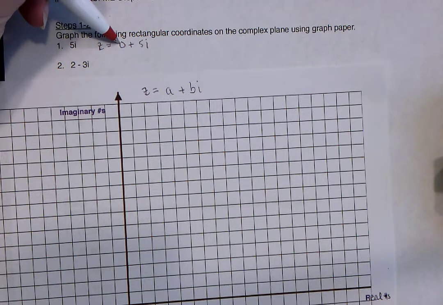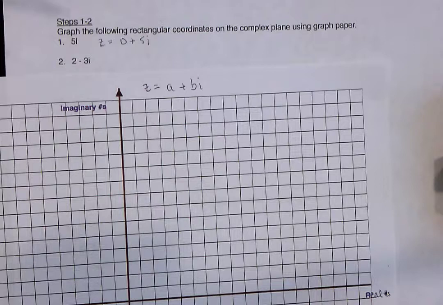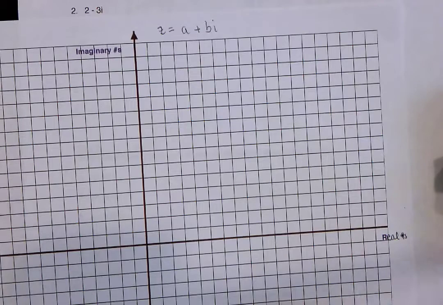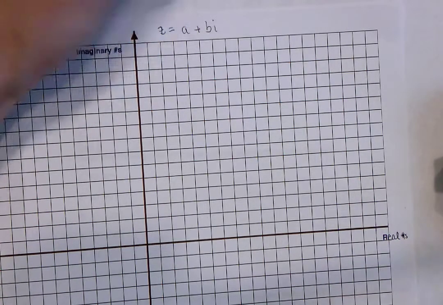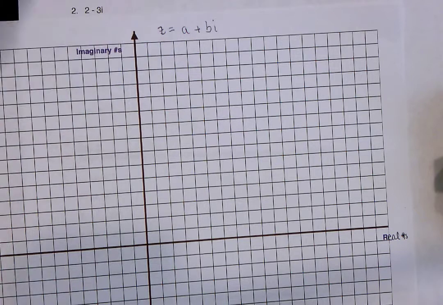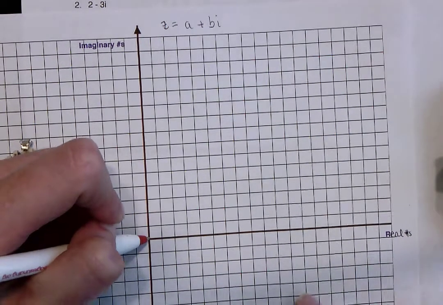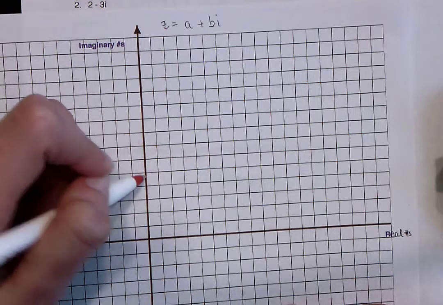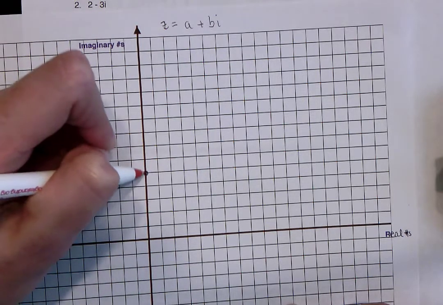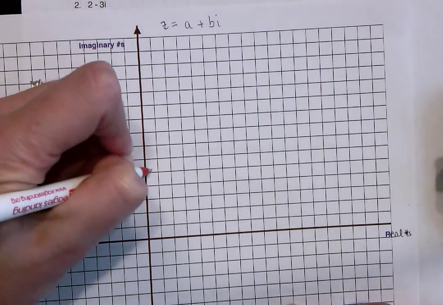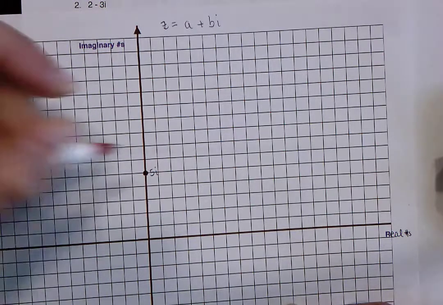So I don't go right or left when I graph this, I just go up 5. It's just like graphing the rectangular coordinate (0, 5). So you're starting in the middle, and then you go up 1, 2, 3, 4, 5. And so that right there is 5i.